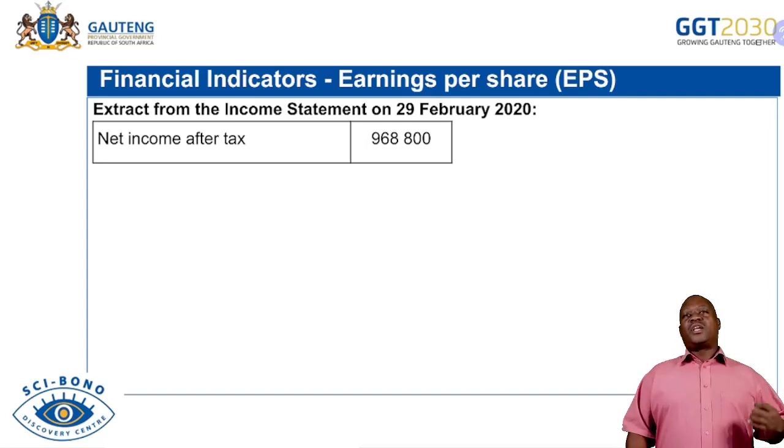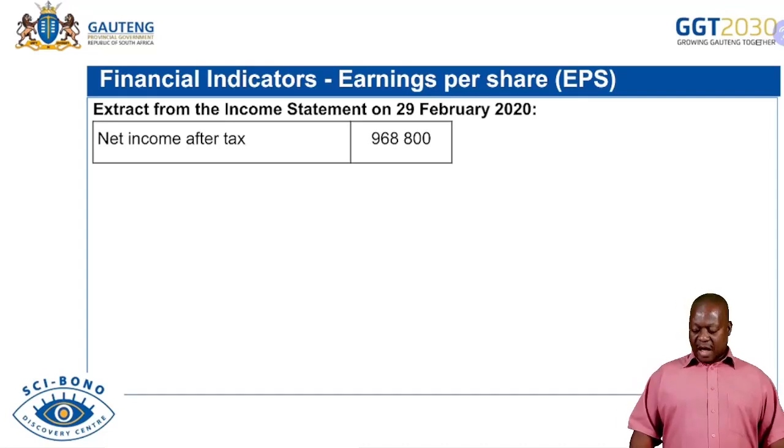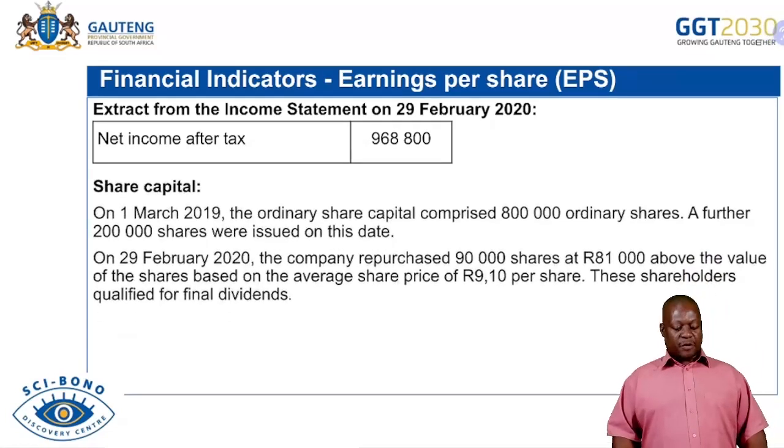We are going to need an income statement to find our earnings, which are in this case net profit after tax. And then we are going to need our balance sheet so that we can be in a position to identify the number of issued shares, or maybe some additional information for us to be able to do that. Let's see what this question brought us as information.